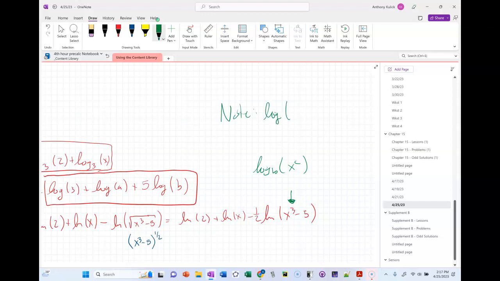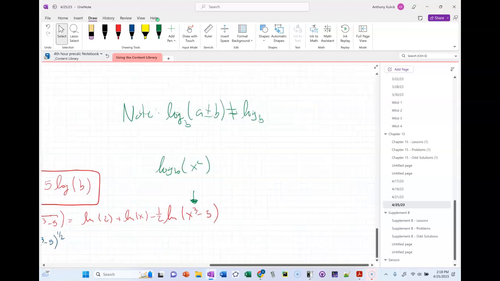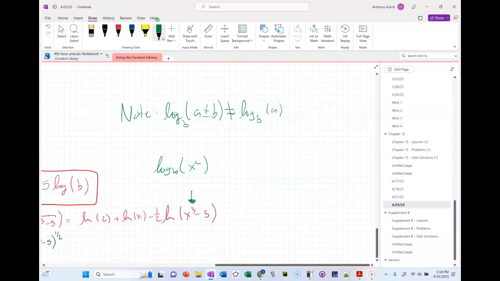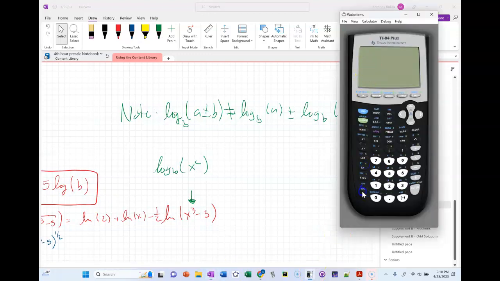because logarithms are not distributive. So I can't take log of a plus b and write it as log of a plus log of b. If you're ever in doubt as to whether you can do something like that, you can just do a little test.